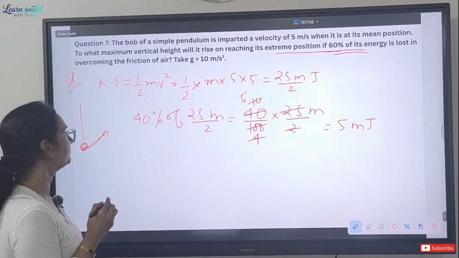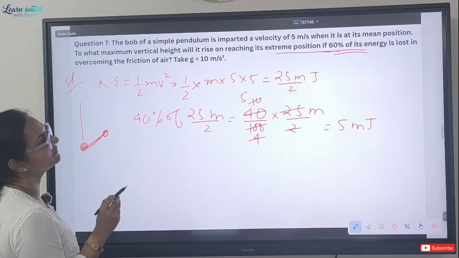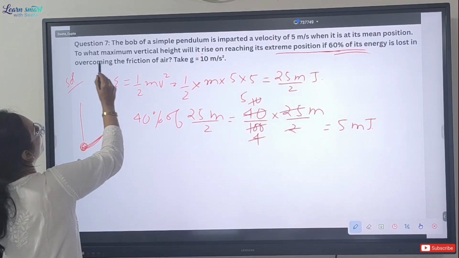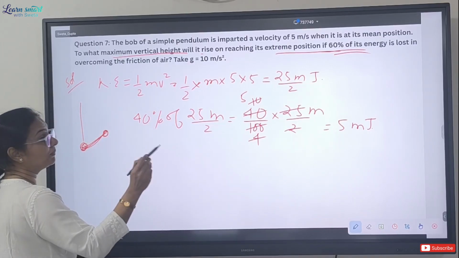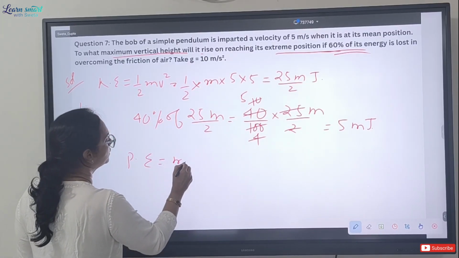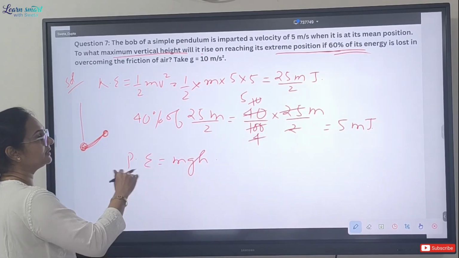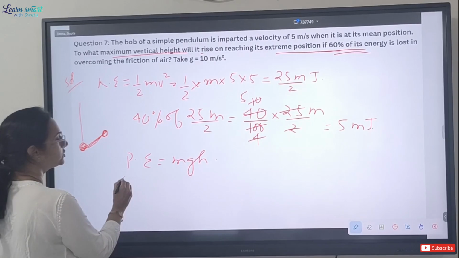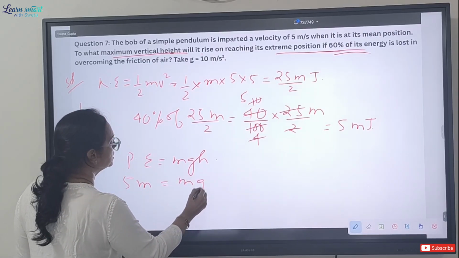With this energy, we have to calculate the potential energy. So what maximum vertical height will it reach? Now potential energy is equal to that. We know that potential energy is equal to mgh, and only that much gets converted. So 5m equals mgh.